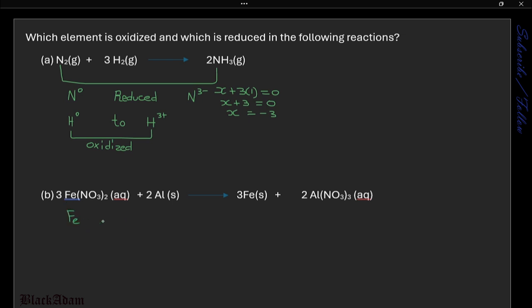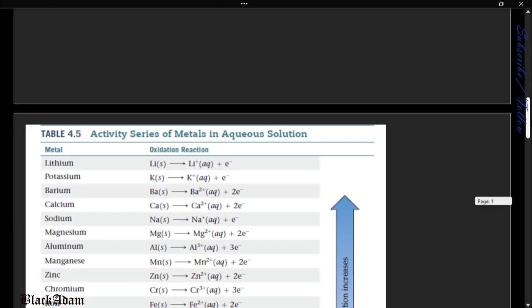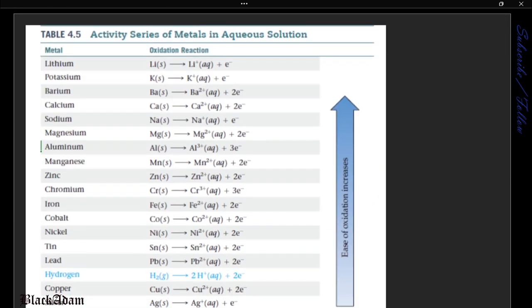Then we have iron there, iron and aluminium. So those are metals. So let us see the activity series. We have aluminium there, and then we have iron there, whether it's 2 plus or 3 plus. In the activity series, we know that aluminium is on top and iron is at the bottom.